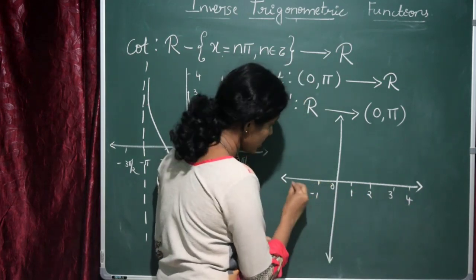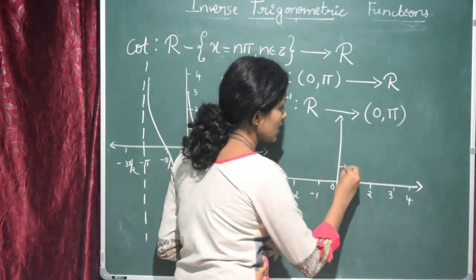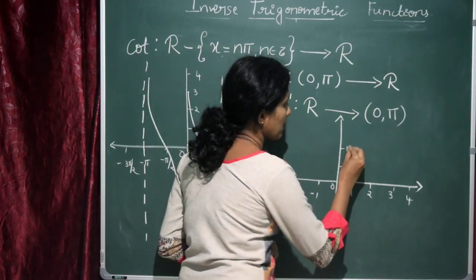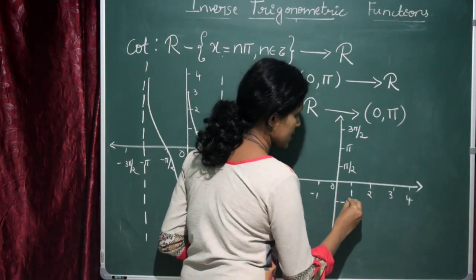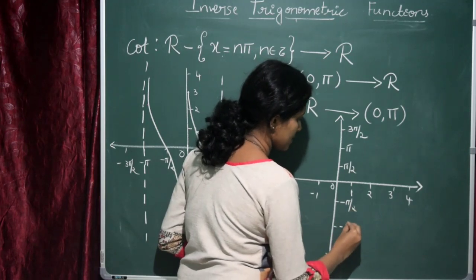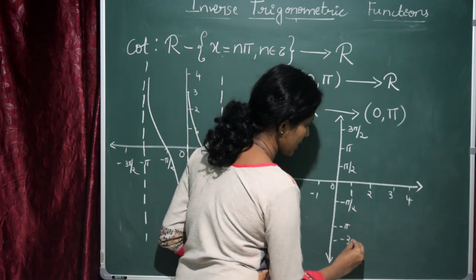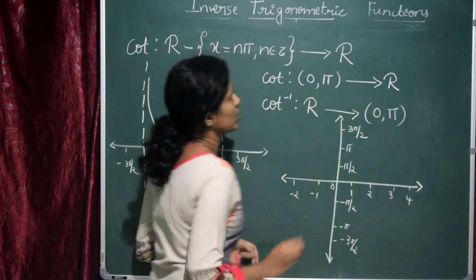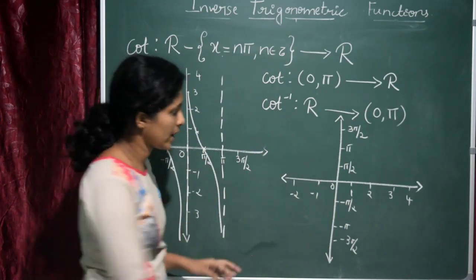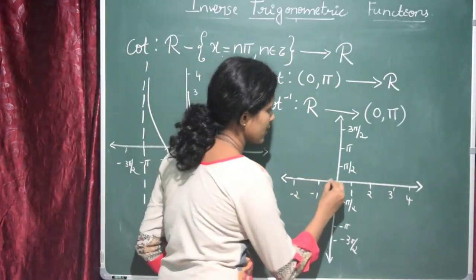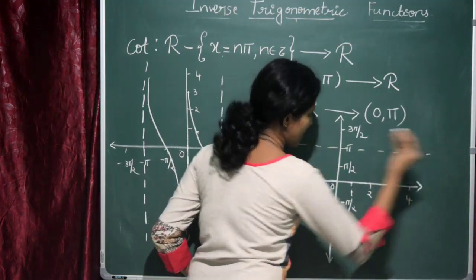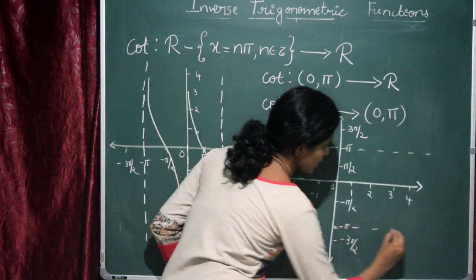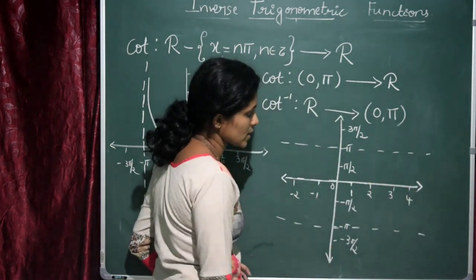This is minus 1, minus 2, and this is here pi by 2, pi, 3 pi by 2, and this is minus pi by 2, minus pi, and minus 3 pi by 2. Where it is not defined, at the values of multiples of pi. At 0 this is not defined, right? At pi it is also not defined, and then at minus pi it is also not defined, then minus 2 pi is also not defined.